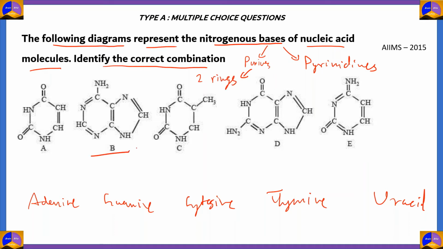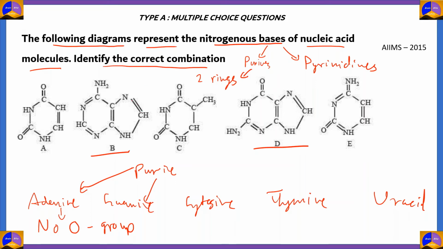So therefore, B and D are purines. And among the purines, adenine has no oxygen group and guanine has an oxygen group. So if you look at our diagram, we find that diagram B has no oxygen in its structure.